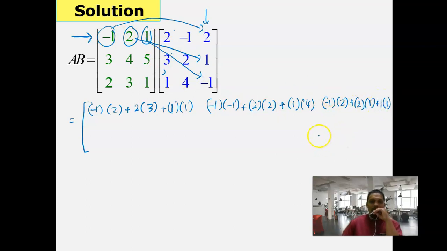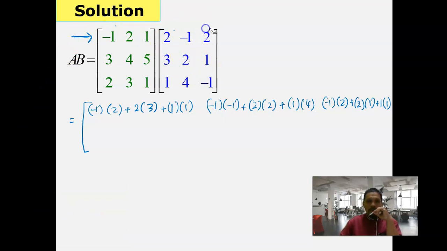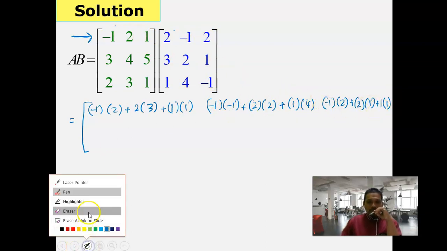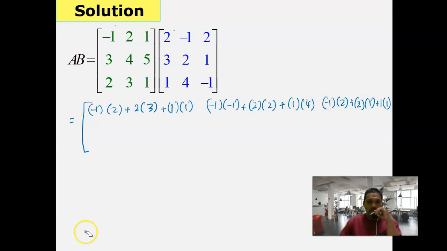There you go. Okay, so at this moment we have already completed the operation between row number 1 with column 1, column 2, and column 3. So now we're going to move to the elements in row number 2.